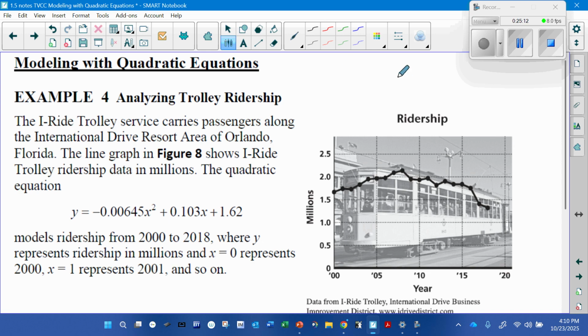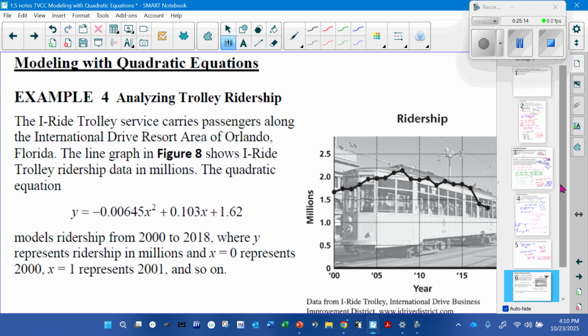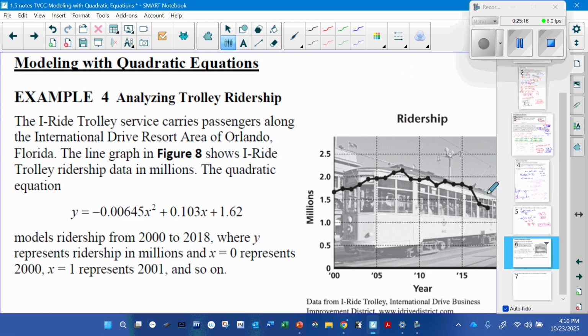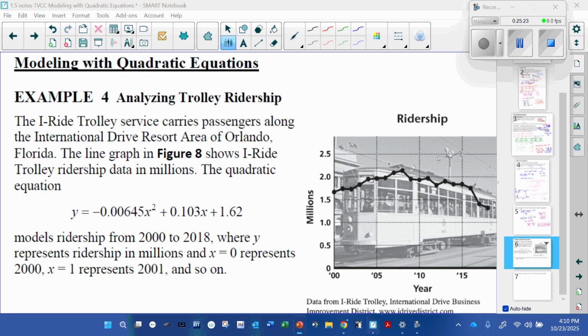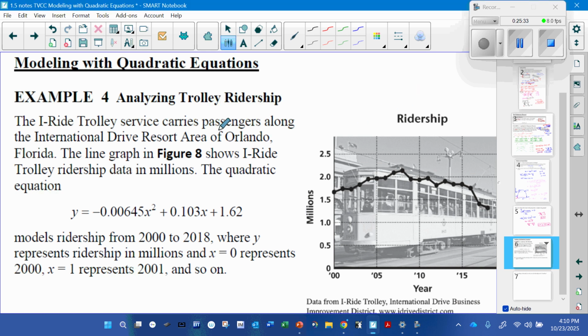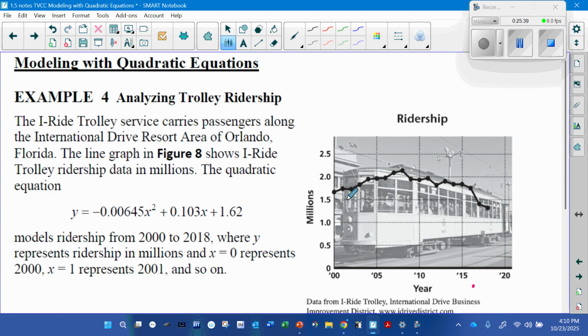All right. So let's see, how close are we? So this is our last piece. All right. So the IROD trolley service carries passengers along the International Drive Resort area of Orlando, Florida. The graph, so let's go over here. So we got this line graph here.